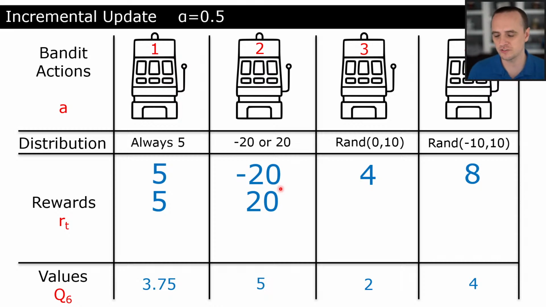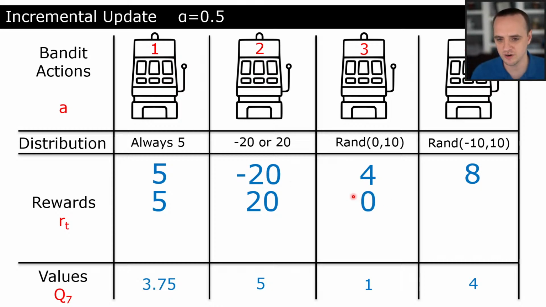And you see how this works? If we had just been doing the average, then negative 20 and 20, we'd have 0 down here. But we are trusting the most recent samples a little bit more. That's what this alpha update is doing for us. So we've got a slightly positive value rather than a 0.